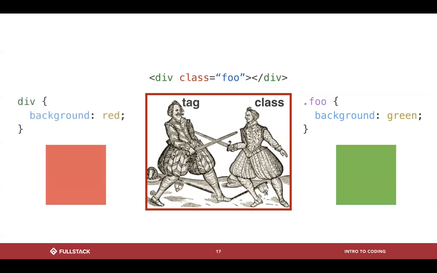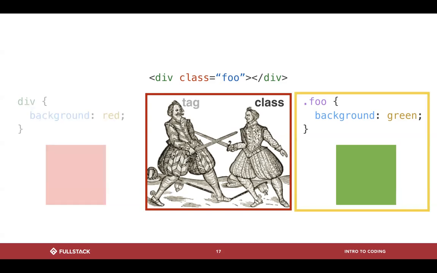Here we go, we've got another example. We've got a class on a div, class foo on this div. On the left, we have the tag rule versus the class rule on the right. They're both trying to affect background, red and green respectively. Which one wins? It's class.